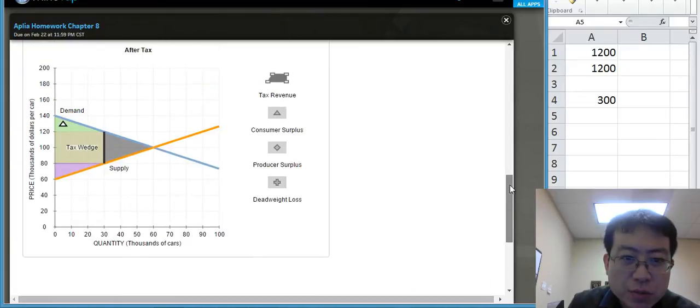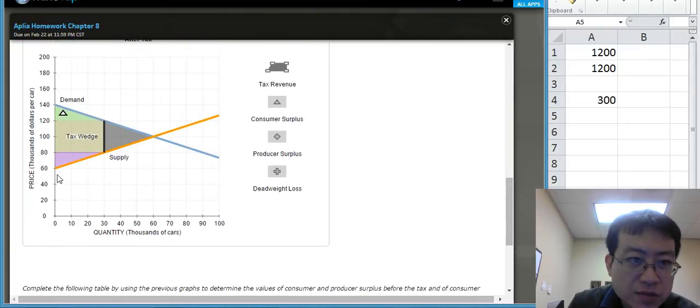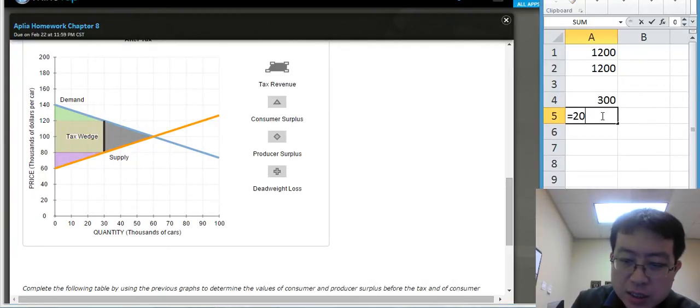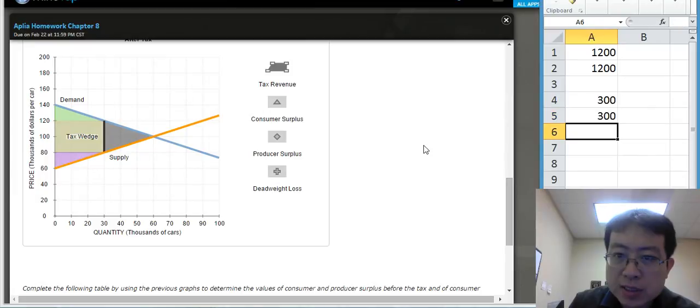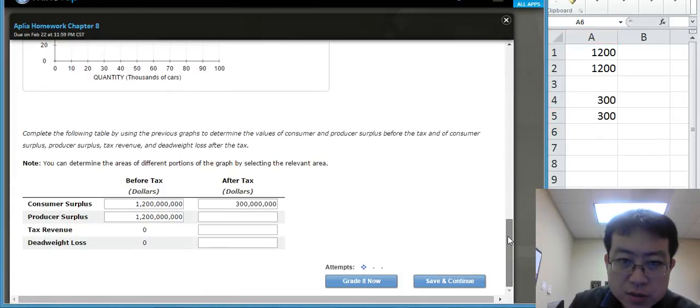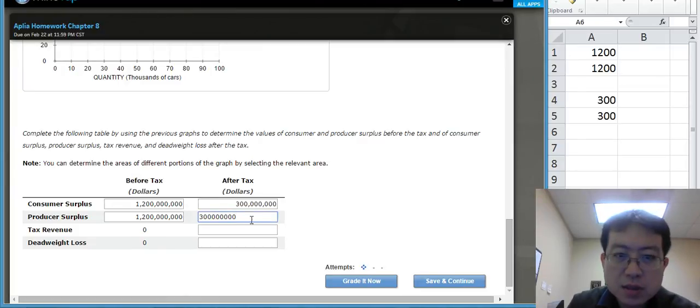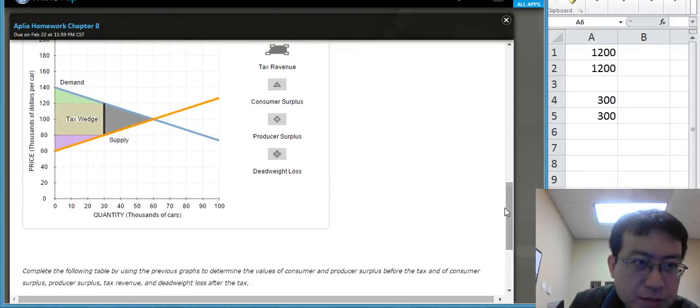And then for our producer surplus, it's from 80 to 60. That's 20, times the horizontal distance of 30, divided by 2. Another 300. Oh, don't forget 6 zeros. Okay, and then tax revenue.